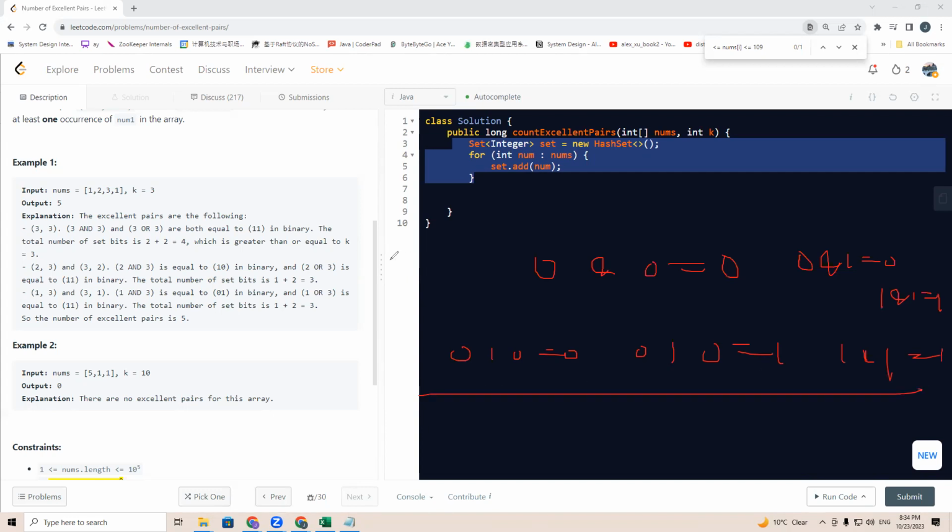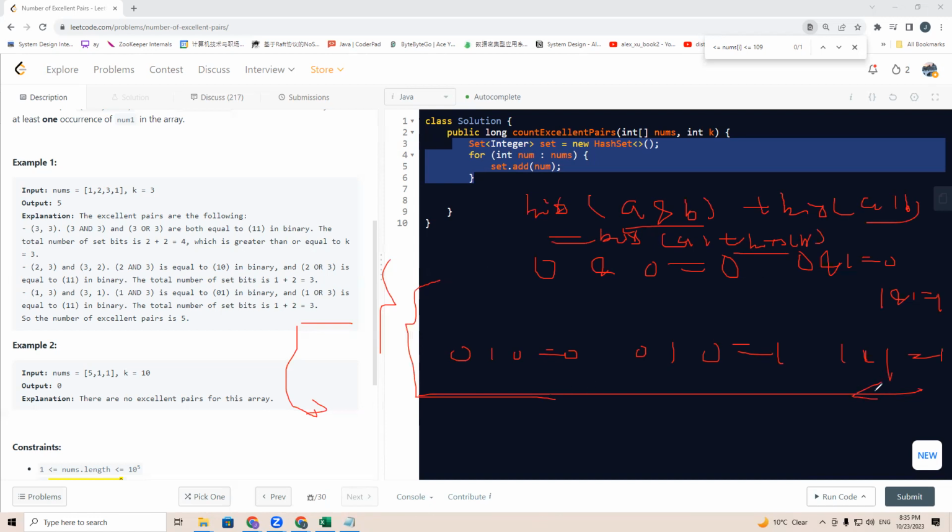So we need to know another property of any numbers: the bit count of A AND B plus the bit count of A OR B equals the bit count of A plus the bit count of B, for any numbers A and B.